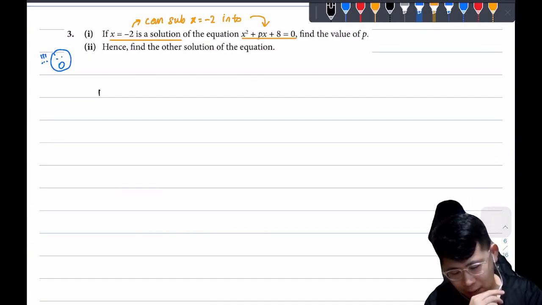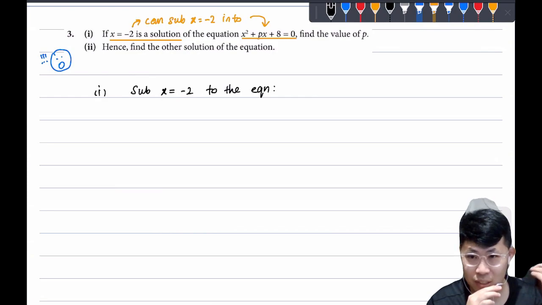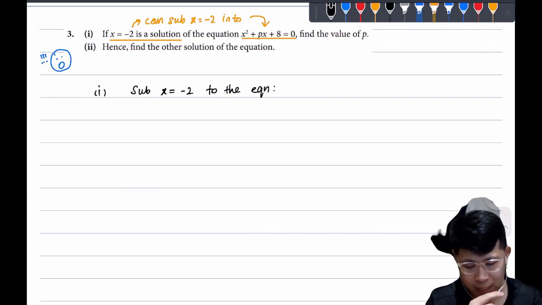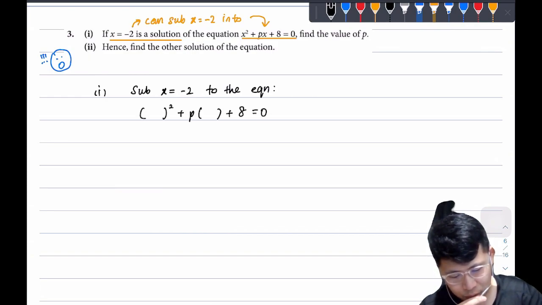Okay, so for part 1, what we can do is substitute x equals negative 2 into the equation. Because if it's a solution, it means that it's the answer to this quadratic equation. We can just substitute it into the equation, and it will still be the same. So over here we have x squared plus px plus 8 equals 0.